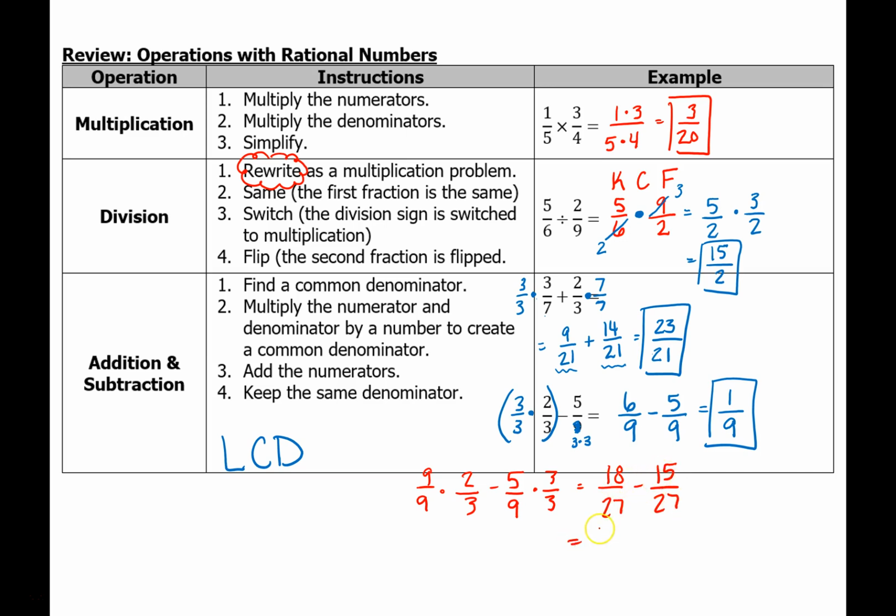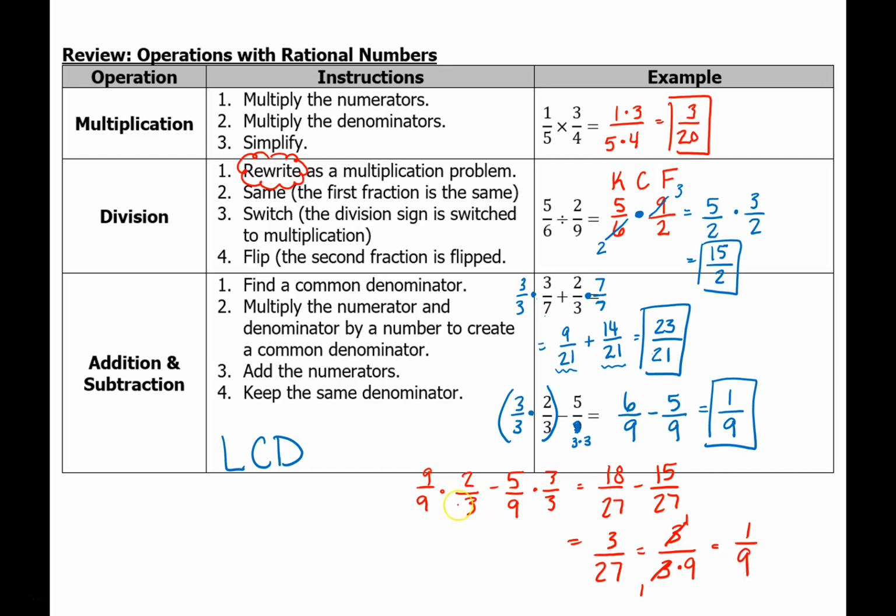And 18 minus 15 is 3/27, but you're not done yet because you have a factor that divides out. 27 is 3 times 9, and this fraction is not simplified because those 3's divide out. That leaves you with 1/9.